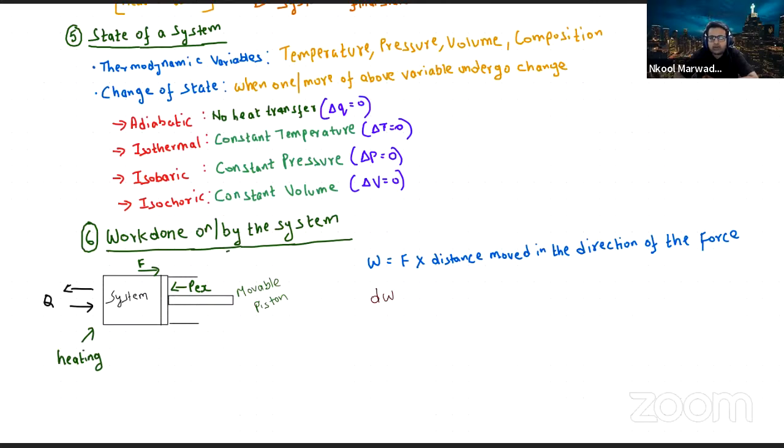In order to do a small amount of work, the force exerted should be equal to the external pressure, but in the opposite direction. So the force should be minus Pex. Then only it will be able to expand, and because of that a small change in volume is taking place. So the system is expanding a bit. The small amount of work done will be minus external pressure into dV.